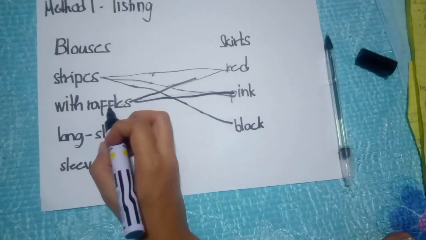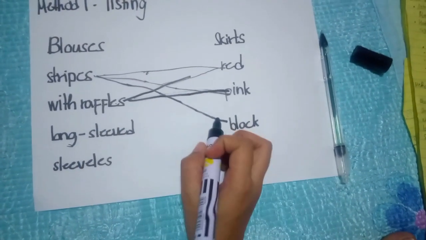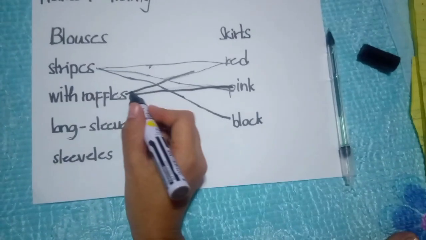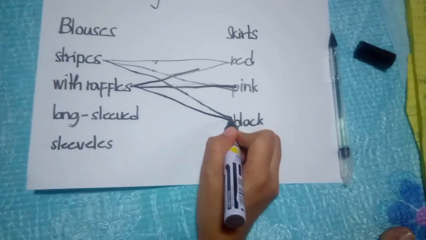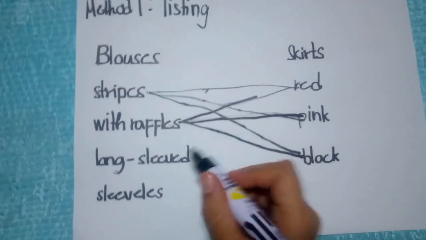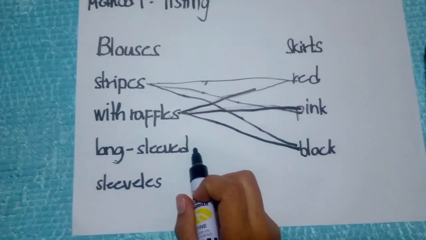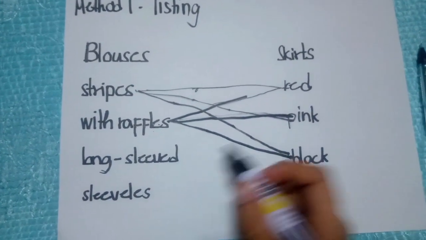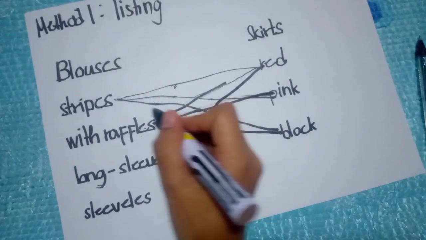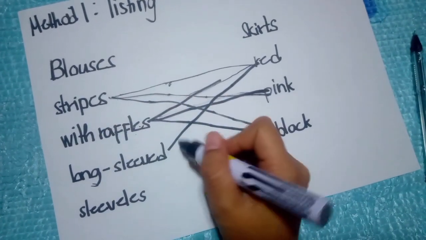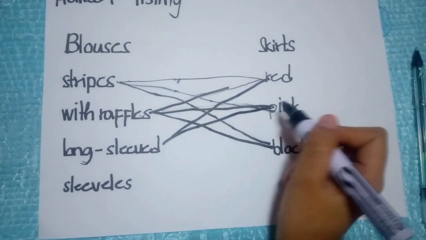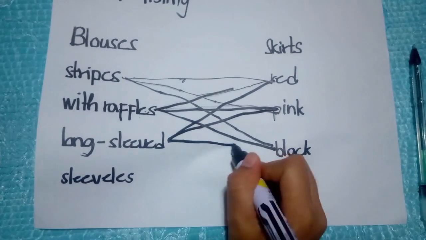Then with ruffles can be paired with the black skirt. Then the long sleeve can be paired also with the red skirt, with the pink, and with the black.